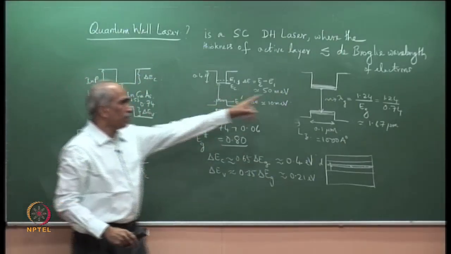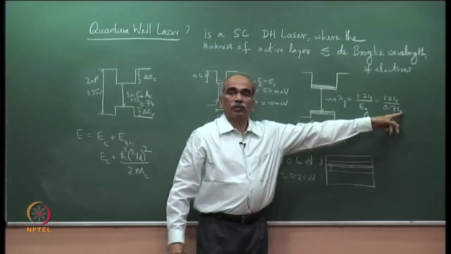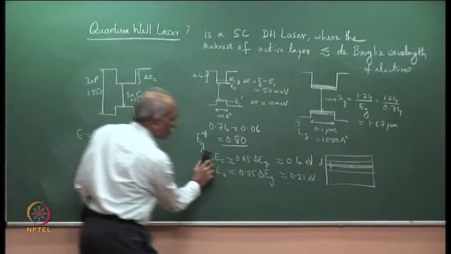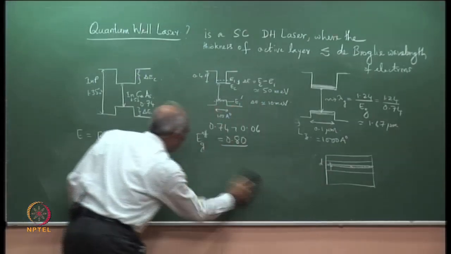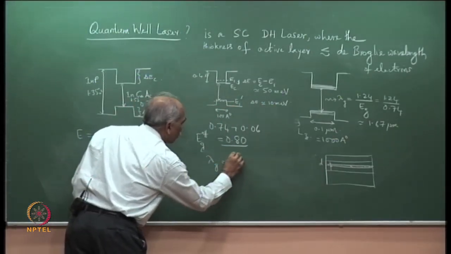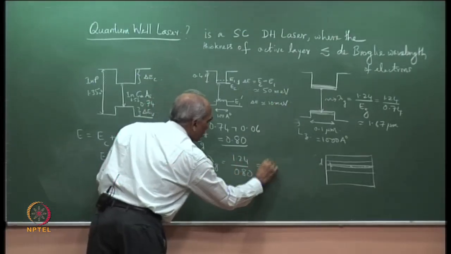When it was bulk, the E_G was 0.74. Now the effective E_G is 0.80, and therefore, what is the corresponding wavelength? Lambda here is equal to 1.24 divided by 0.80 equal to.